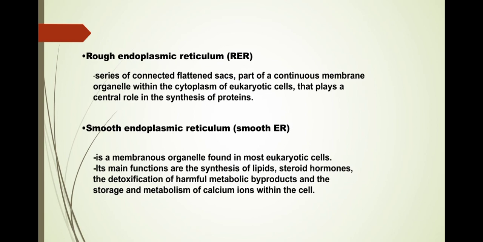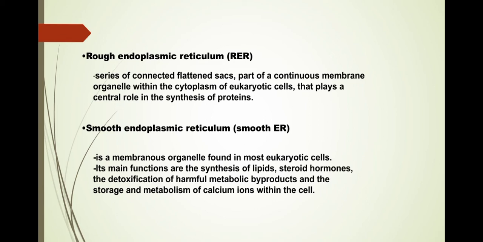So, there are two kinds of endoplasmic reticulum, the rough endoplasmic reticulum and the smooth endoplasmic reticulum. When we say RER, it is the series of connected flattened sacs, part of a continuous membrane organelle within the cytoplasm of eukaryotic cells that plays a central role in the synthesis of proteins.